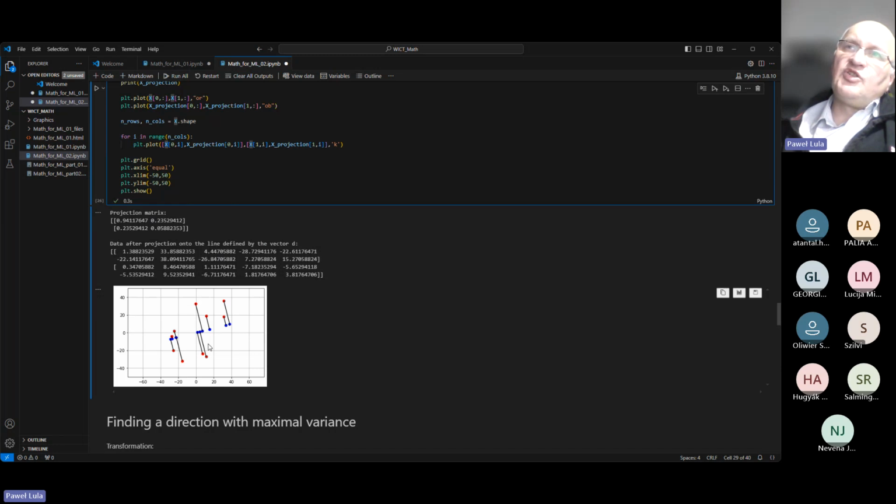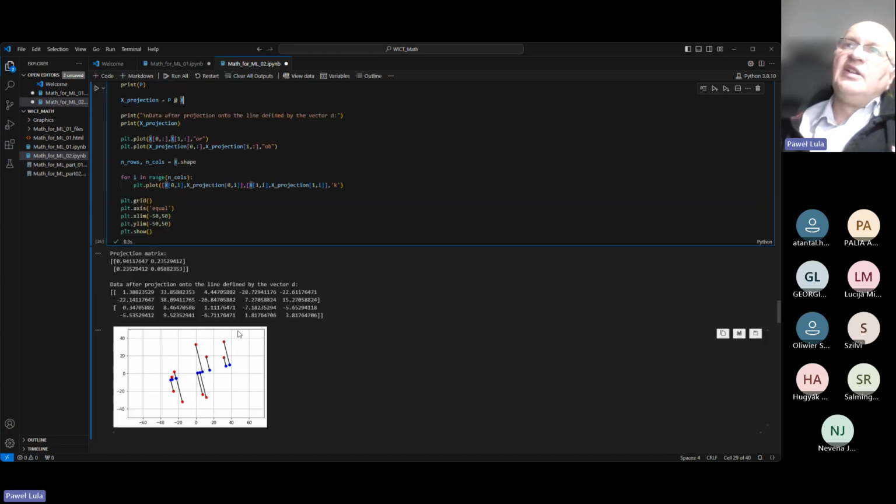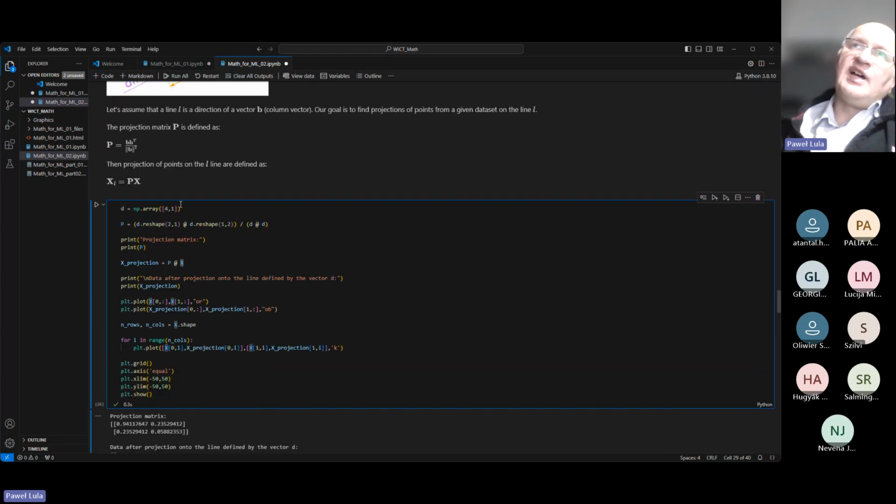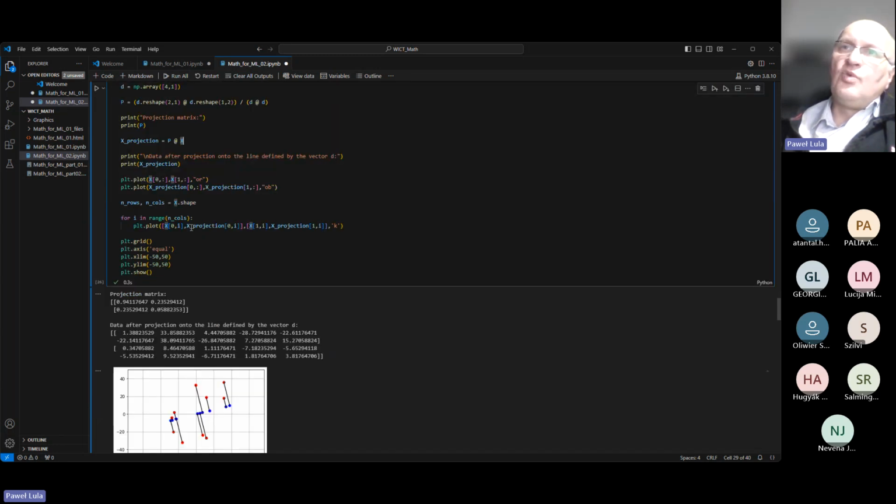So we see original points are here represented by these red points. Their projections are blue. Of course, I did not draw a line here, but we see that these blue points are located on a line, and this line may be defined as the direction of this vector 4, 1.